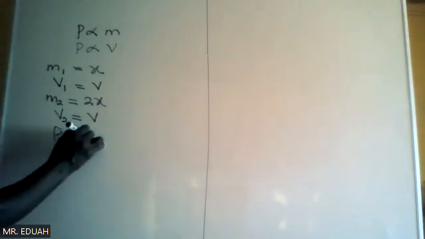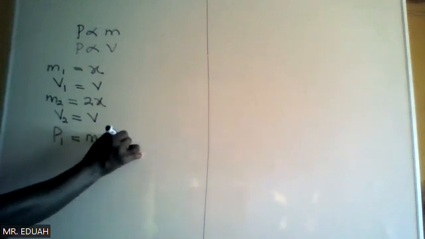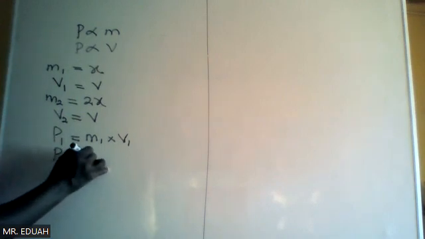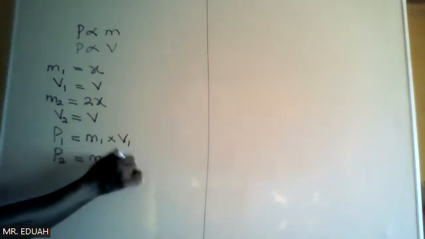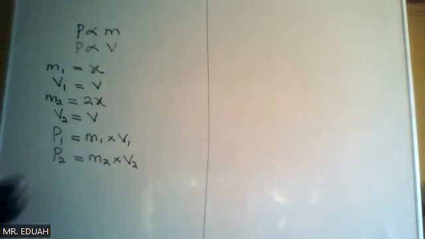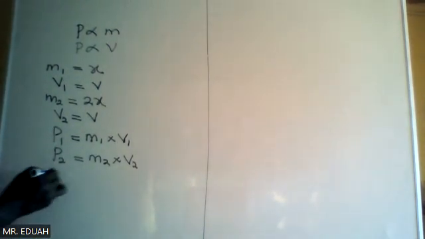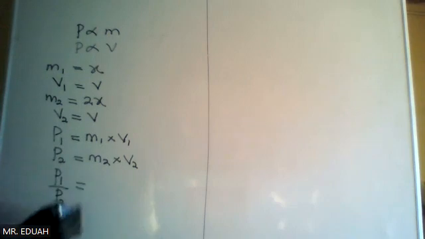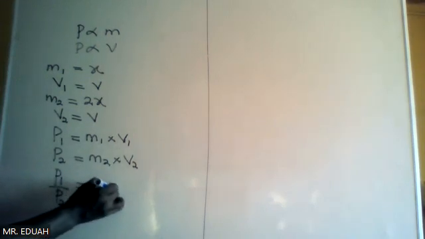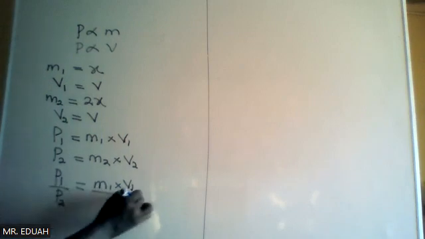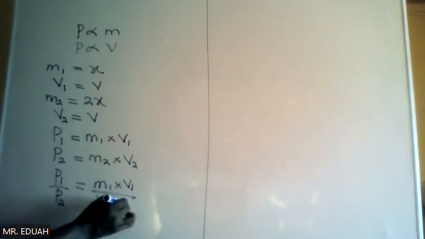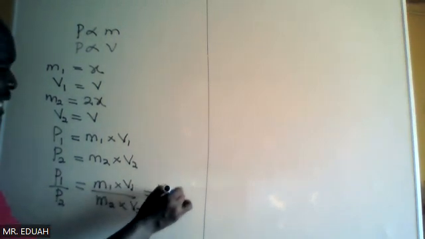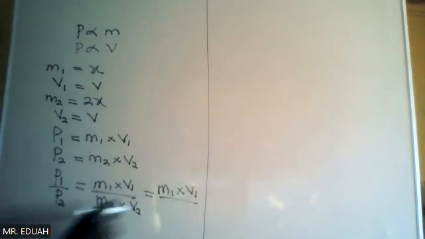So p1 is equal to m1 times v1. p2 is also equal to m2 times v2. If we take a ratio of the individual momenta, we have p1 on p2 is equal to its variables. What do I have? I'm told in the second situation, the mass is double.